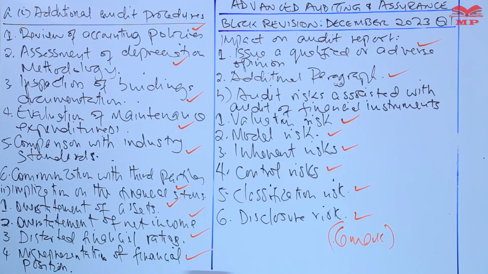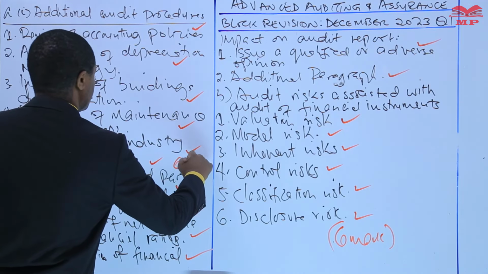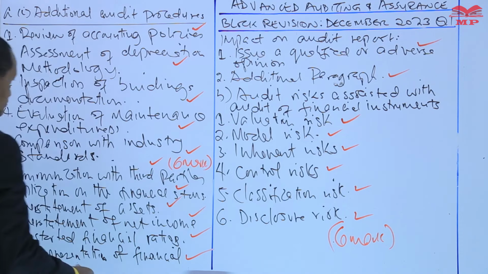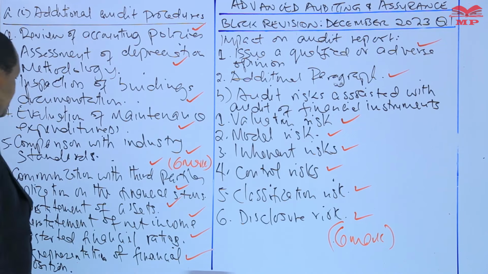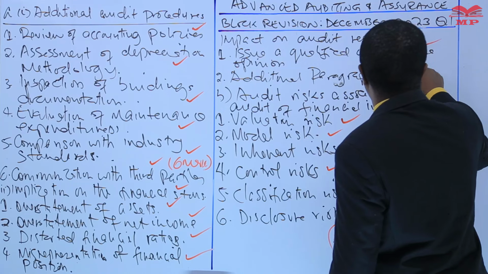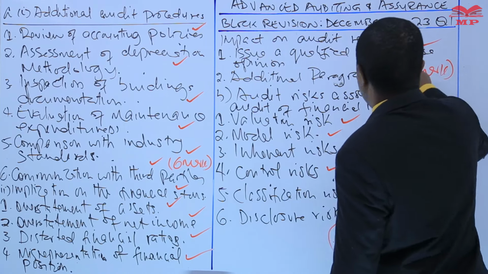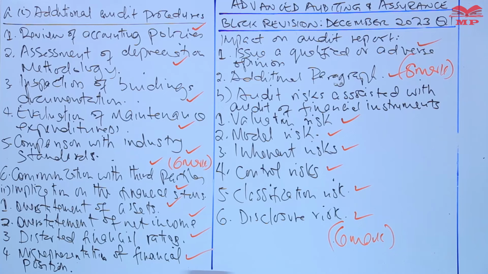This one is 6 marks. Then we have part 2, implication on financial statements, 8 marks. Any 4 points will earn you 8 marks here. Total is 20 marks.